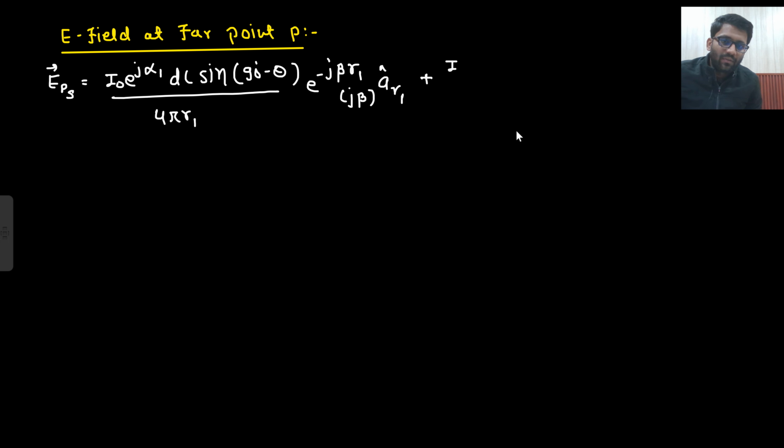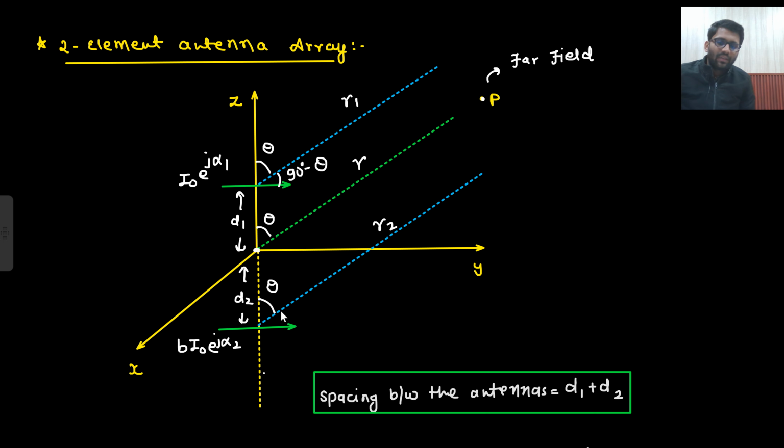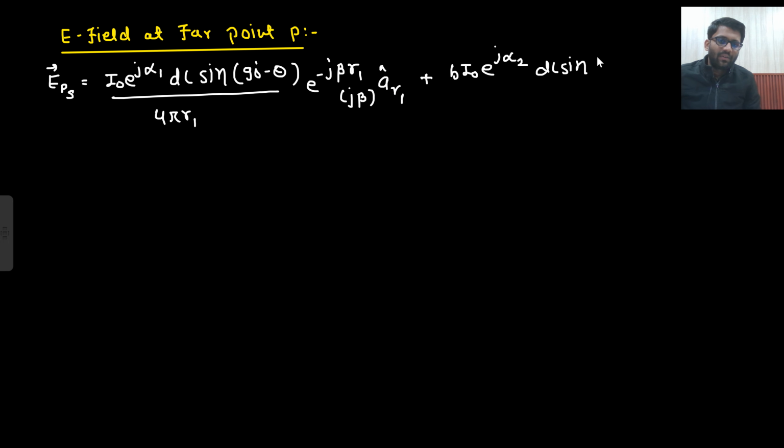Now for the second one, what would it be? The current is b I naught e to the power j alpha 2 dl. Same angle here also will come, no? Between the arms of antenna and a r cap, that would be 90 minus theta. So the same angle is coming here also. Sin of 90 degree minus theta divided by 4 pi r.